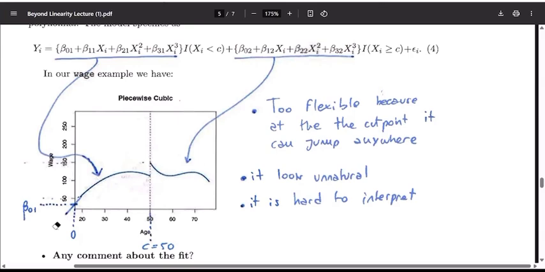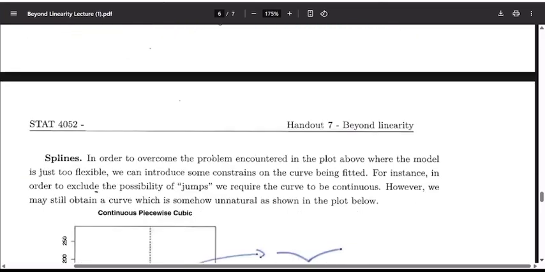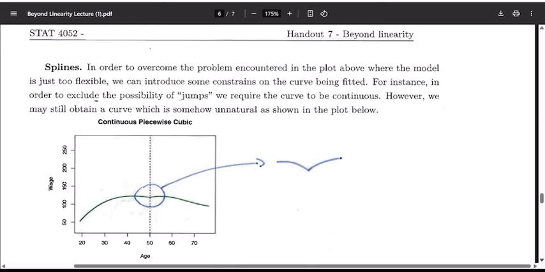Now, I need you to pay attention. The only way we can ensure that is by way of splines. To ensure that it is continuous, we are going to apply what I call splines.